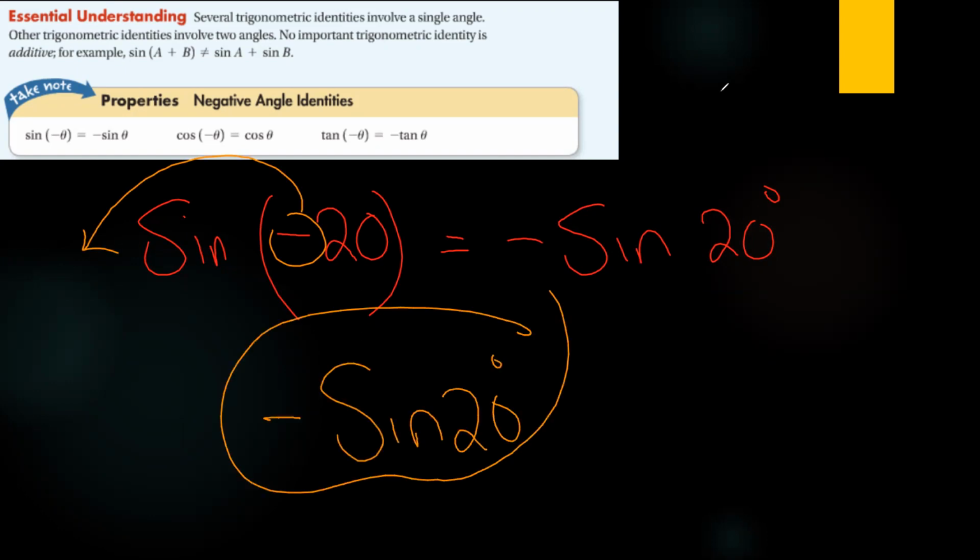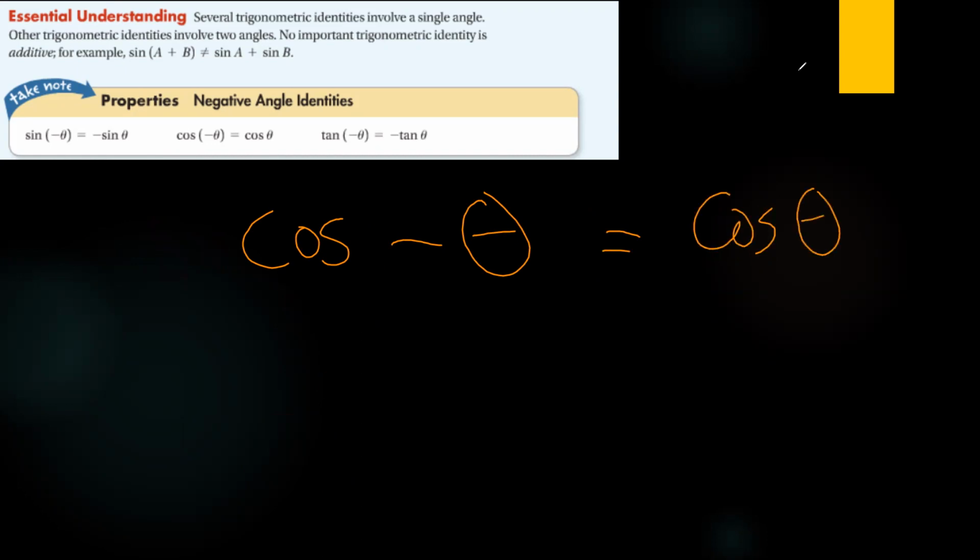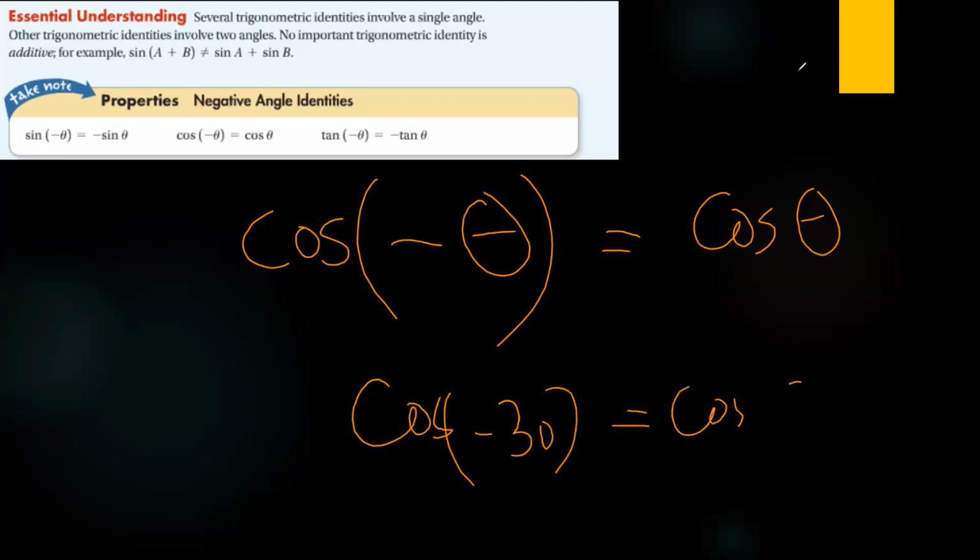This is for the sine. Now what about the cosine? For the cosine, the cosine of any negative angle will be the same as the cosine of its positive. Like cosine of negative 30 will be the same as cosine of 30. It will be cosine of 30.